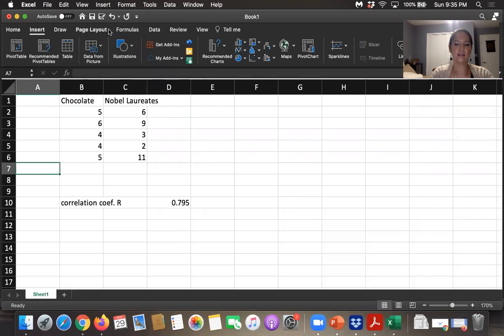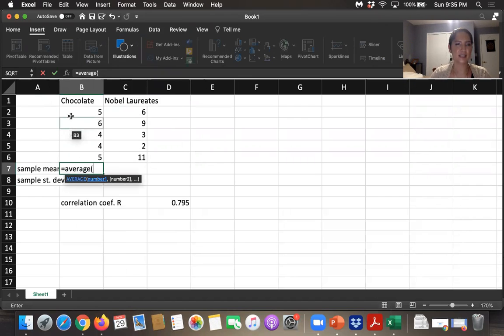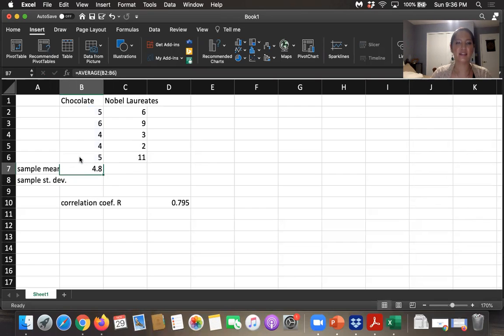And I will put the sample mean in the first row, and I want the sample standard deviation in the second row. Now the command in Excel for the mean is average. So we type equals average, open parentheses, highlight the cells, close parentheses. That gives me that mean of 4.8, which was mentioned.